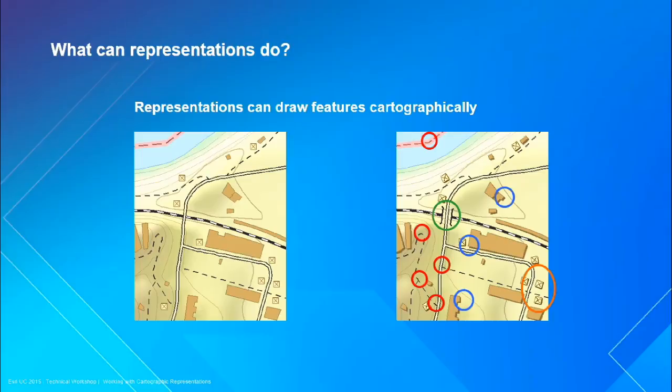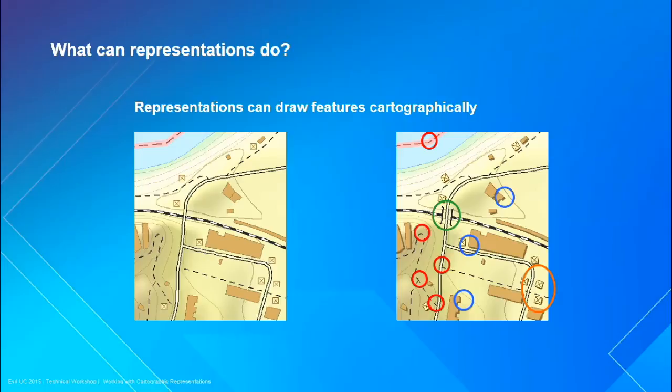Representations are a little hard to get your head around conceptually if you're new to them, but sometimes seeing some examples helps. So I've got two little mini maps here. On the left is standard ArcMap symbology, and on the right is representation symbology. And at first they do not look very different, and that's kind of the point. Representations are not supposed to look different. They act different.